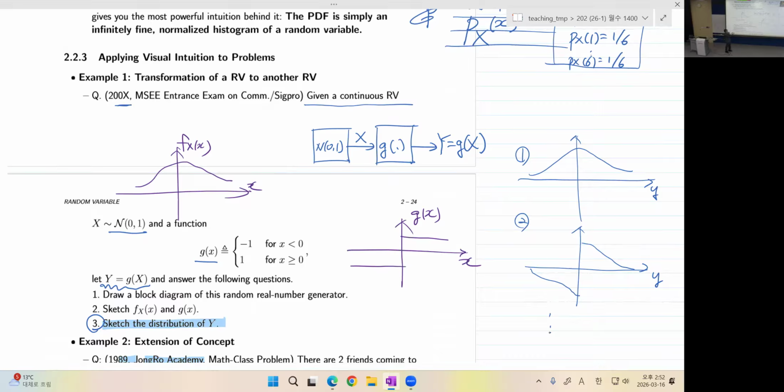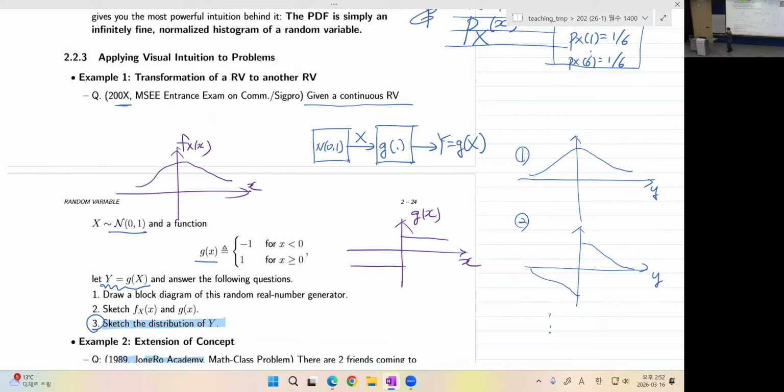So you generate X, and you know that college entrance exam thing, right? If you ask the generator box to generate X, then it will give you some points, dots, closer to 0 most of the time, but sometimes very large, right? Those numbers are generated. Now, it's mapped by this function.